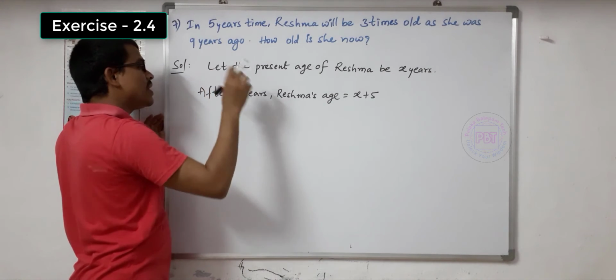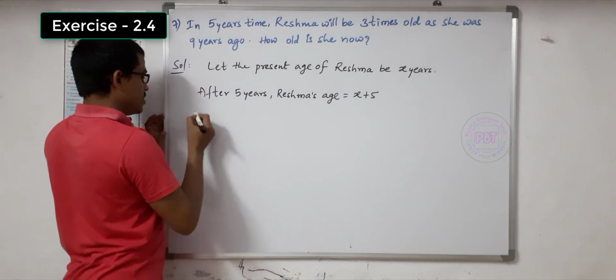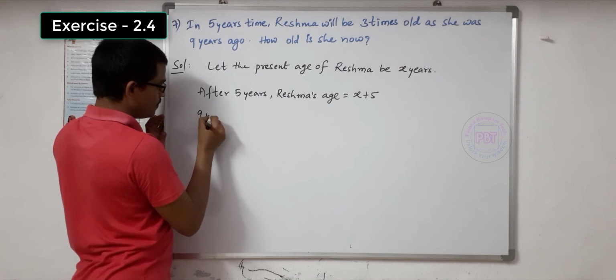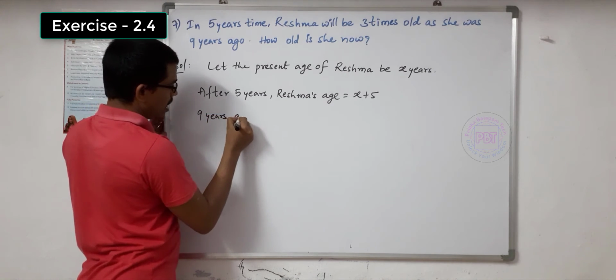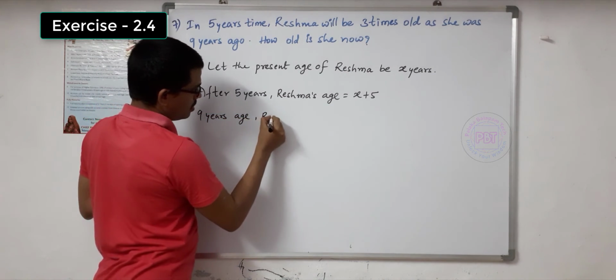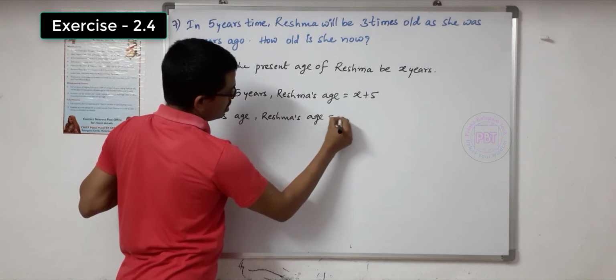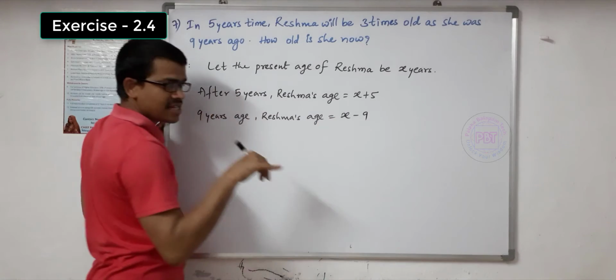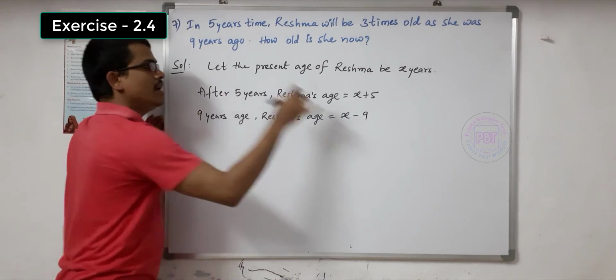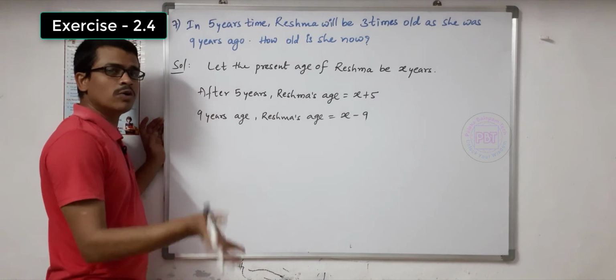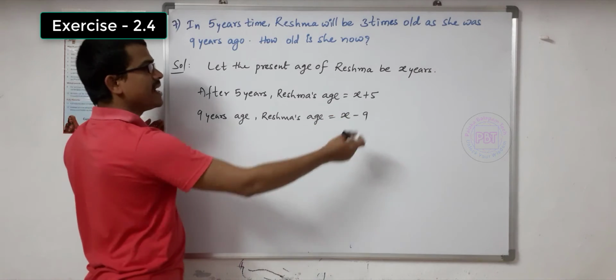So 9 years ago, Reshma's age I am going to write. 9 years ago, Reshma's age is x minus 9. x is the present age. 9 years ago, x minus 9. 9 years we have to subtract from the present age. That is x minus 9.